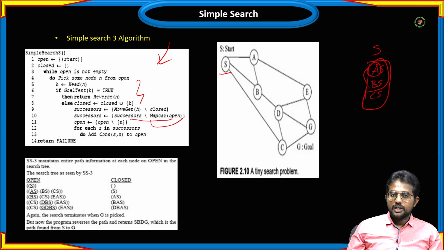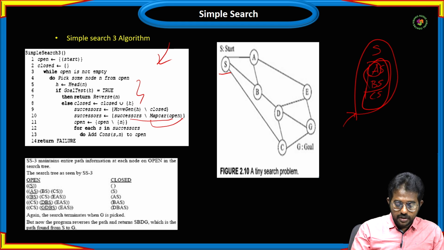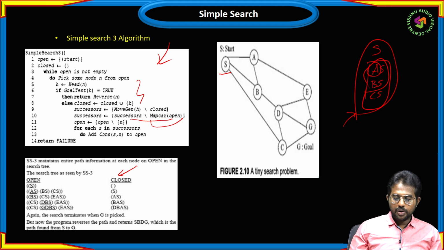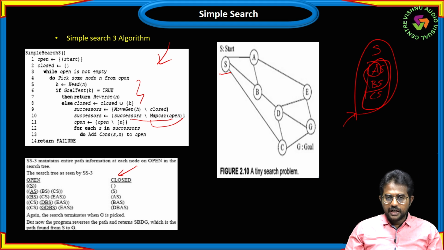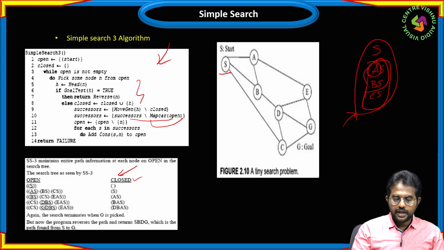In this SS3, it will maintain the entire path information at each node, by using this particular format to store the nodes. So here this SS3 was implemented. This tiny search problem was implemented using data structures, that is the open data structure and the closed data structure.